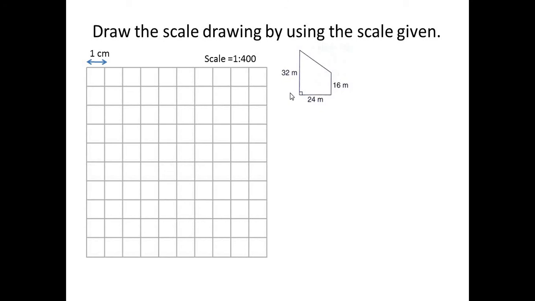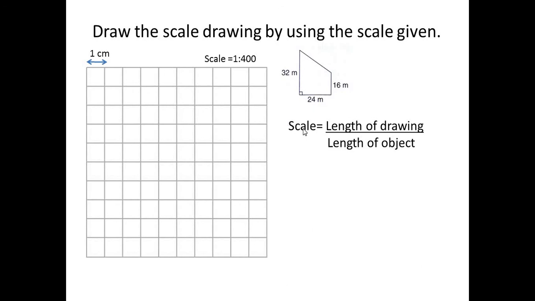Okay, the next one. Given the scale is 1:400, and each of this side is meant for 1 cm. Now this object is using meters, the unit is in meters. So now we're going to convert these meters to centimeters.